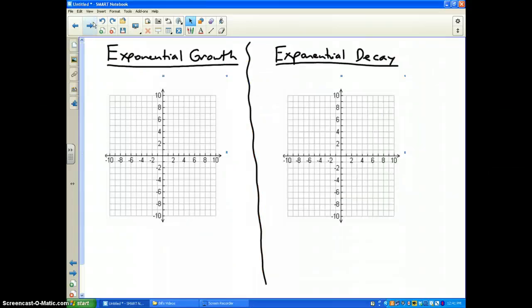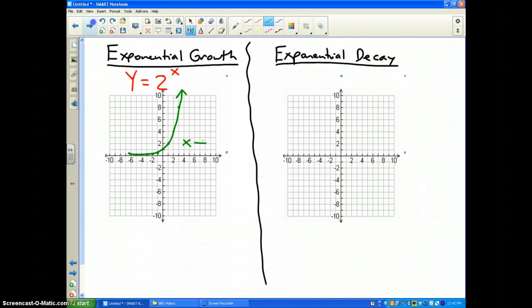All right. Now, I'm going to redraw the graph that you just saw. Y equals 2 to the x power. If I redraw that again, it looks something like this. Now, this particular graph has a name.